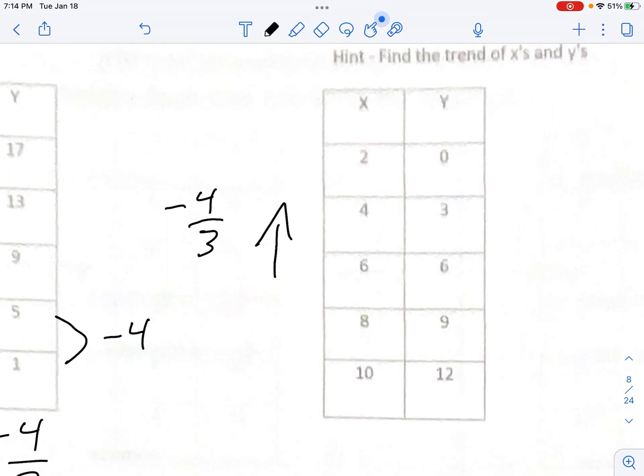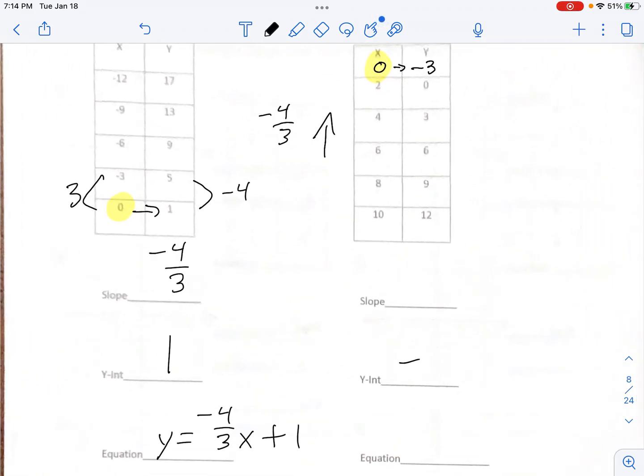But if I go that way, 10, 8, 6, 4, 2, the next number would actually be 0. Well, now I need to go one more slot in that direction for the Y's. 12, 9, 6, 3, 0, negative 3. There's my 0 in the X column. That would be my y-intercept, negative 3.